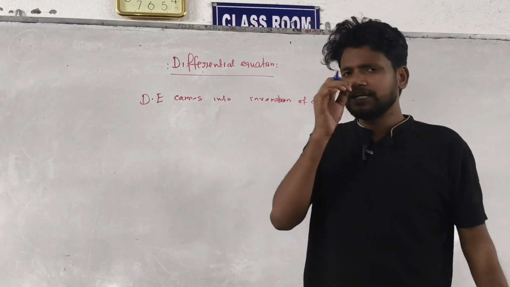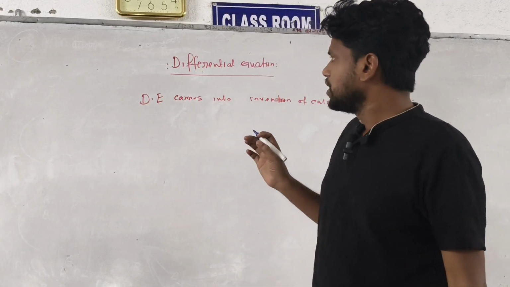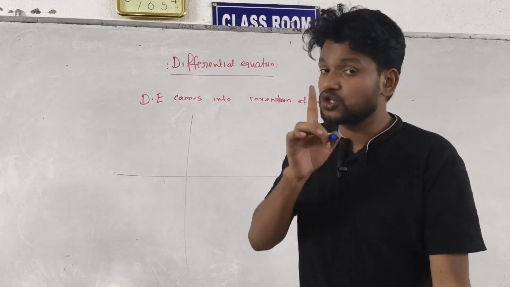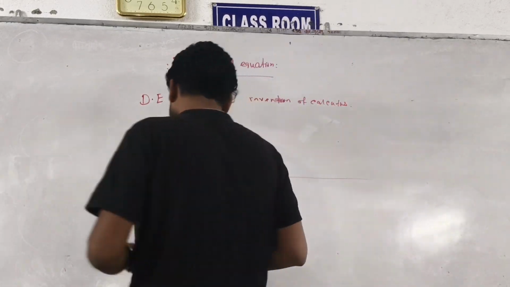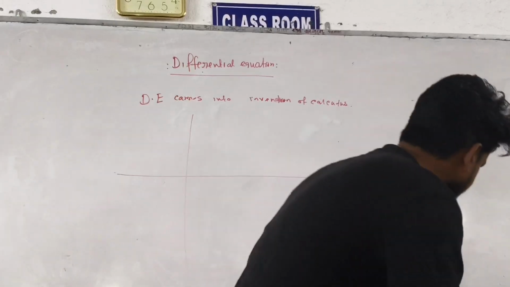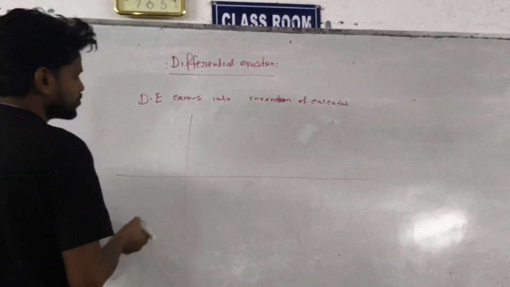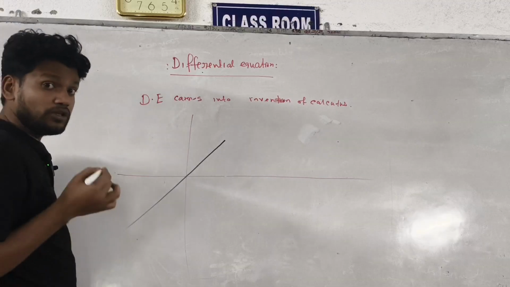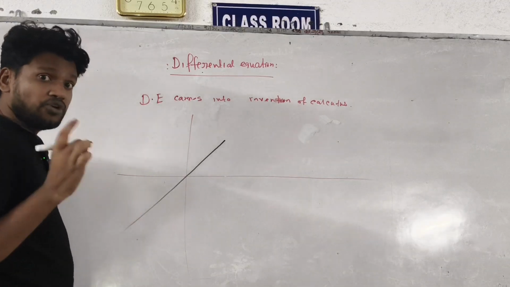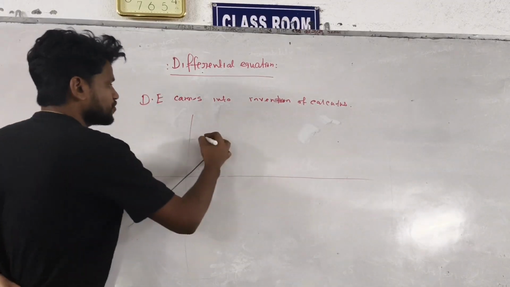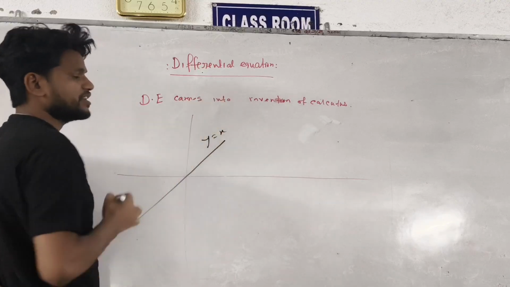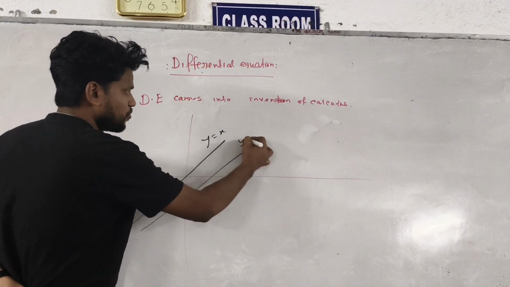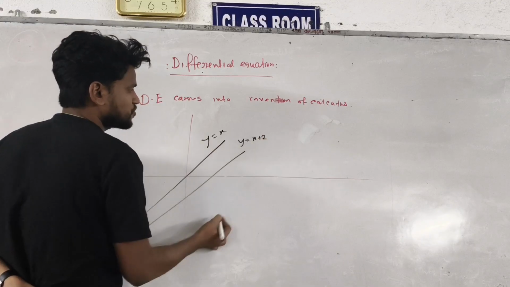At first, I want to draw all the straight lines whose slope is 1. What is this? This is y equals x. Similarly, y equals x plus 2.